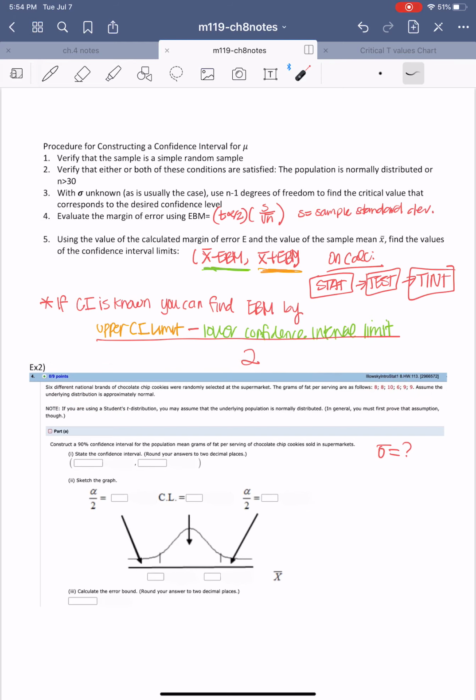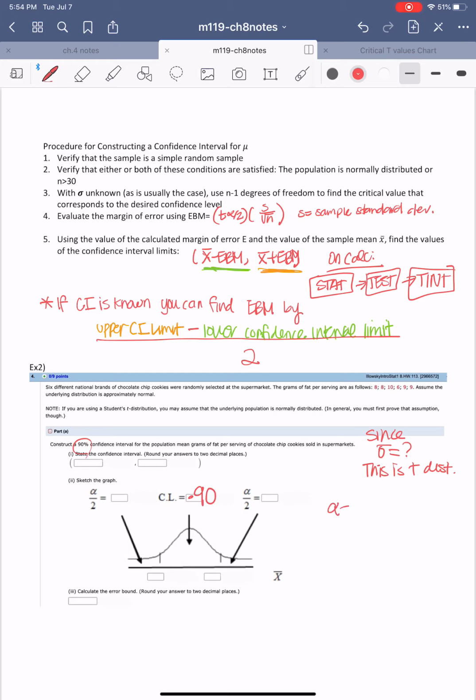Since sigma is unknown, this is a t-distribution. Okay, so let's build a 90% confidence interval. All right, so we have a 90%, so that's my area in the middle.